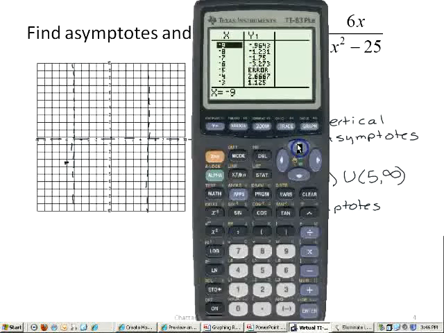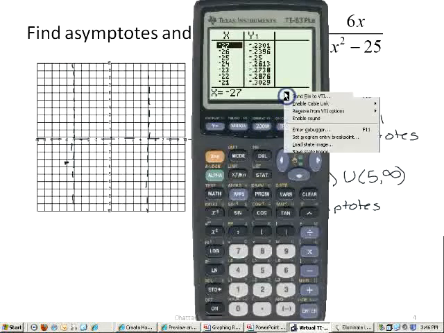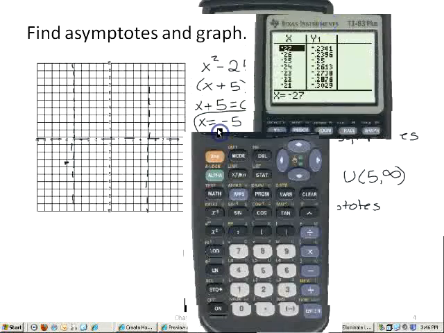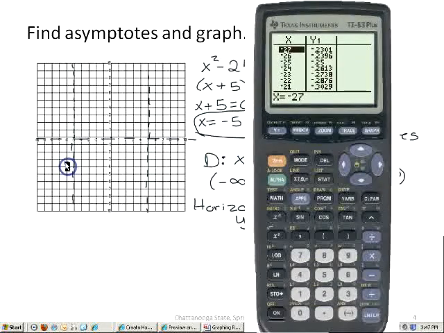And then these values are all just getting closer and closer to 0. As I keep going down, look how these are getting closer and closer to 0. So that tells me that my function is doing this. It stays below the x-axis. It's just getting close to 0.